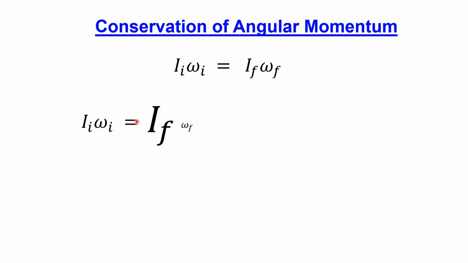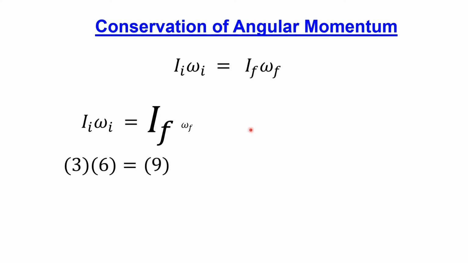Now, let me maybe use some numbers for this. So I just made up some numbers. So assume that the rotational inertia is 3 and the rotational velocity is 6. Okay, well, together those quantities equal 18. So we can say that our initial angular momentum is 18. Whatever is over here, we need that to equal 18. So let's say that we increased our rotational inertia to 9, which means it tripled.